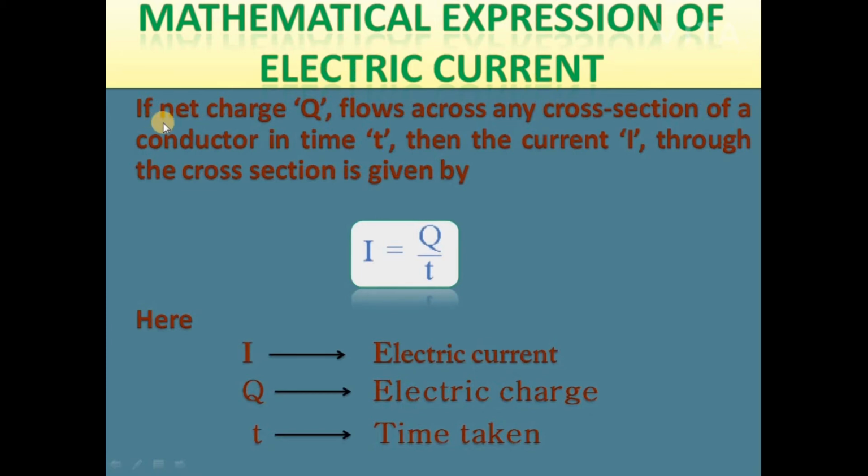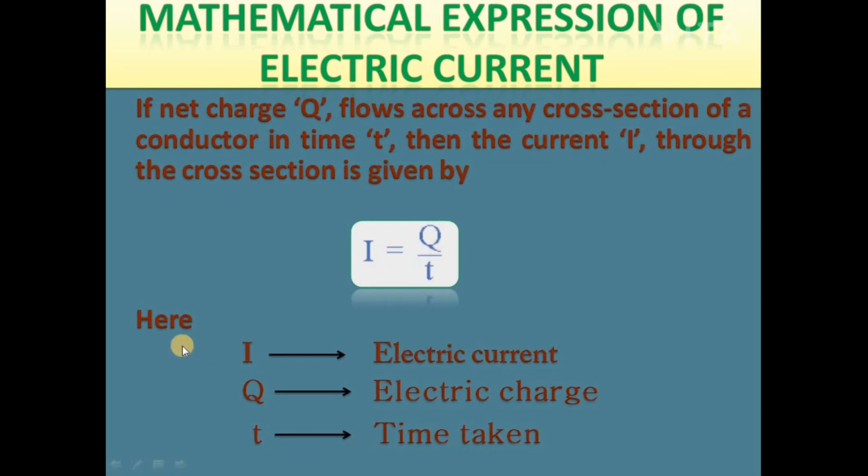If net charge Q flows across any cross section of a conductor in time t, then the current I through the cross section is given by I is equal to Q divided by t.